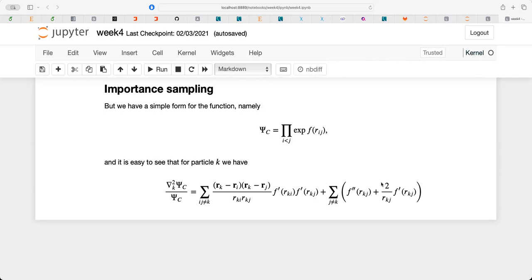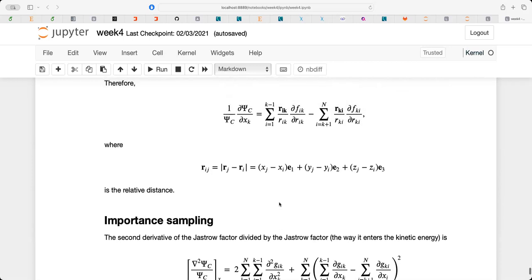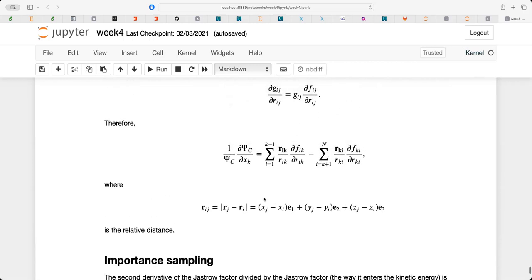This is something which we would have to encode if we want to make the code slightly more general. And then you see that the only thing you need is to specify this function f, which represents the way you set up the correlated part of the wave function. Then we need this expression here, but we need also the first derivative, which is this part here for the quantum force.